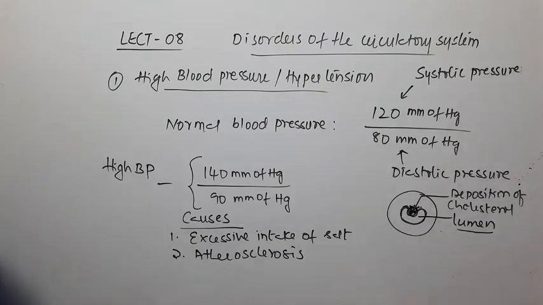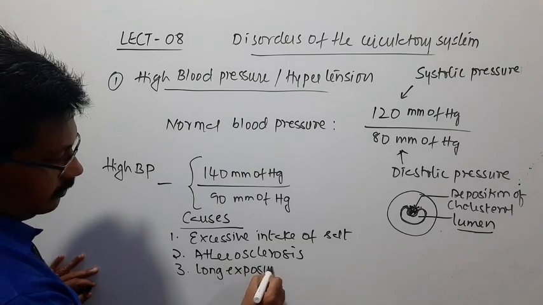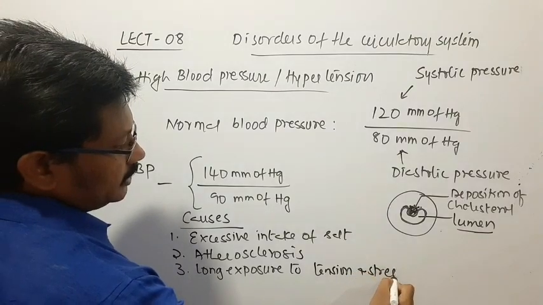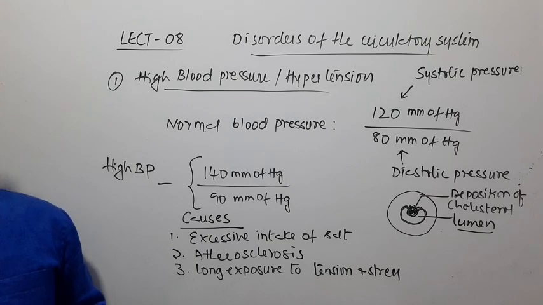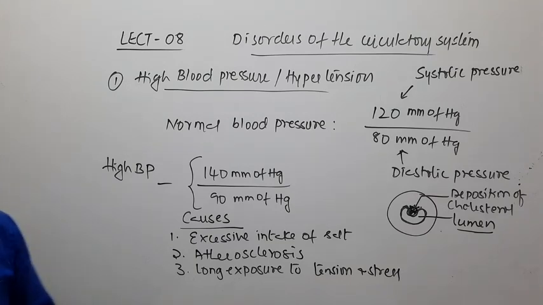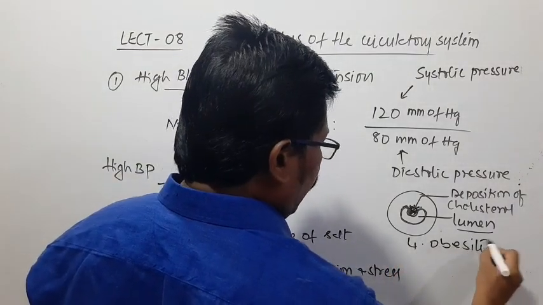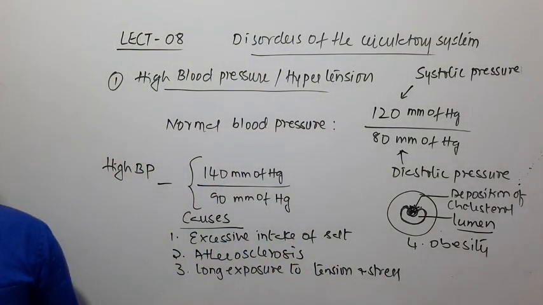Then long exposure to tension and stress can also cause high blood pressure. Another problem is obesity. Being overweight can also be a cause for hypertension.